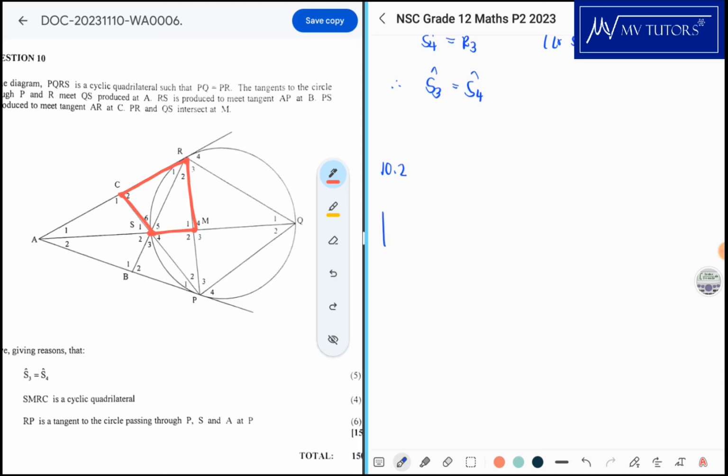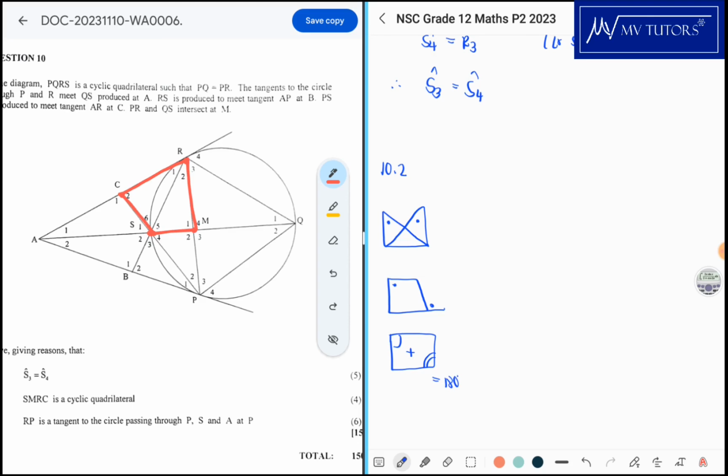If angles are coming from the same chord, or angles subtended by the same chord, that's one of the ways. Or you can go with external angle in a cyclic quad is equal to the interior opposite angle. Or you can prove that angles are supplementary.